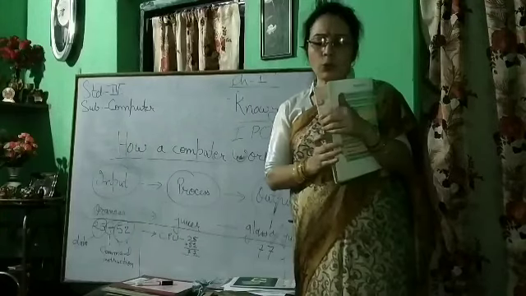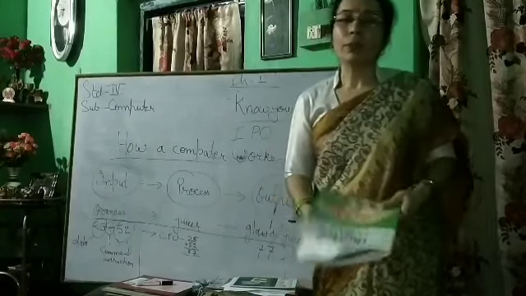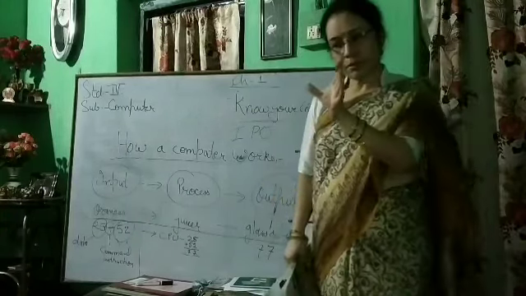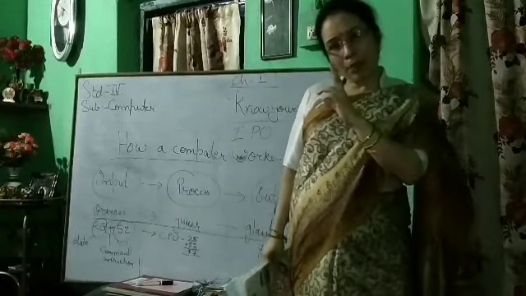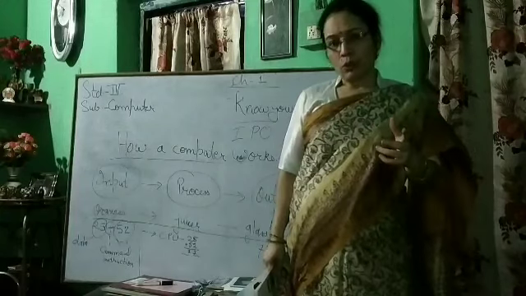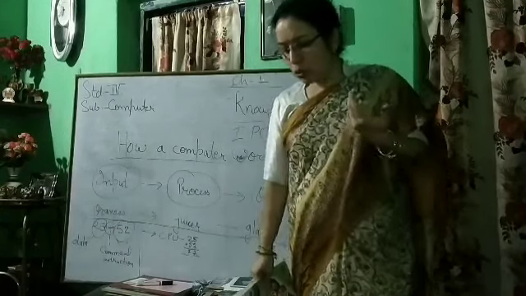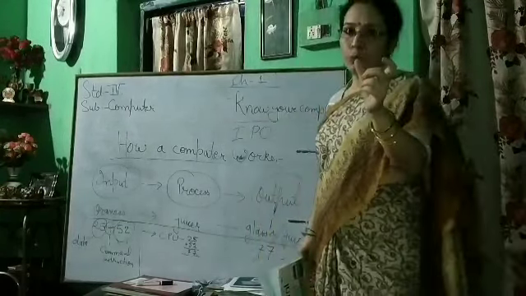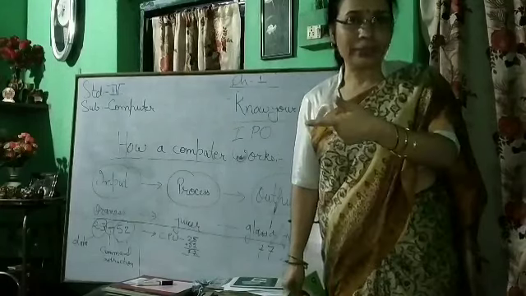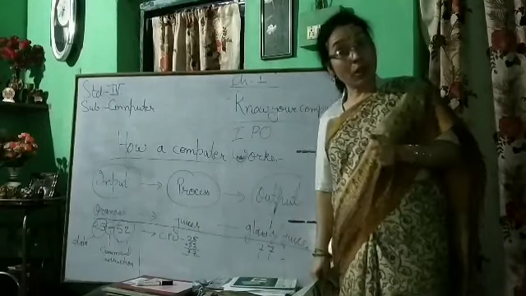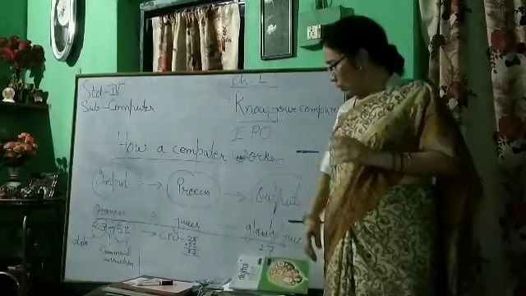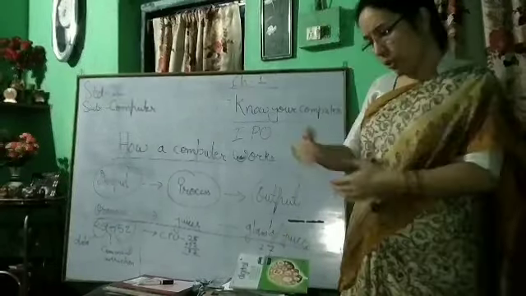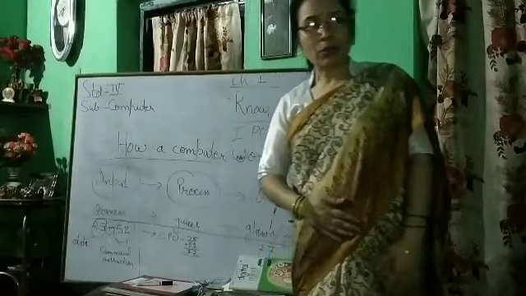So output can be seen in two places: on the monitor screen, that is called soft copy output, and the same output, if you want it on paper, we can get through a printer. The output which you get through a printer, on paper, is called hard copy output. So children, remember this too, that there are two types of output: soft copy output and hard copy output.